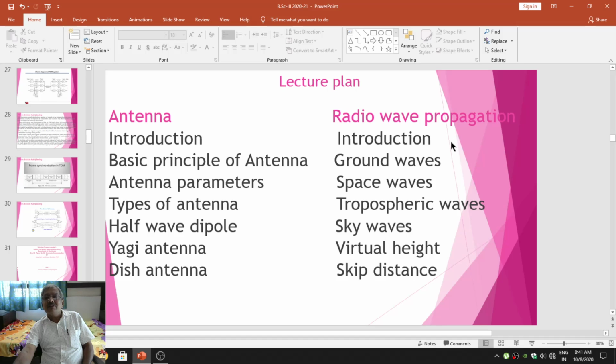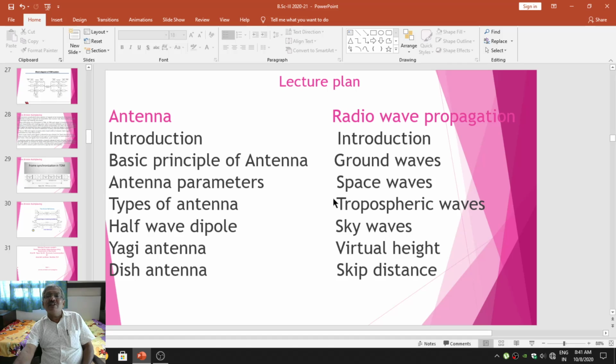In that, we are going to study details of the ground waves, how they carry the information from transmitting antenna towards the receiving antenna. We are also going to study the space waves, means how the space waves are responsible to carry the information from transmitting antenna to receiving antenna.